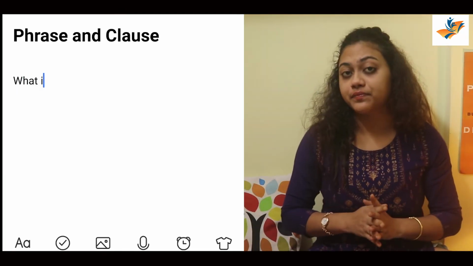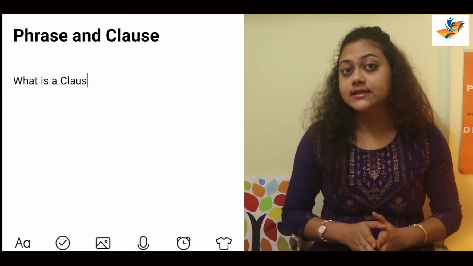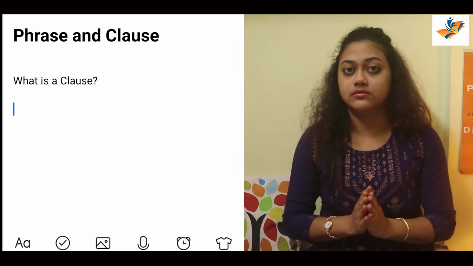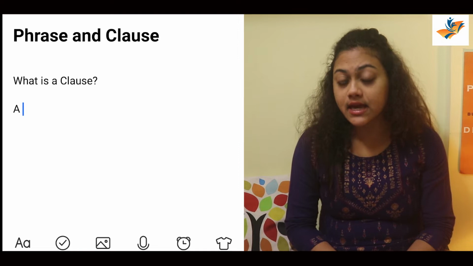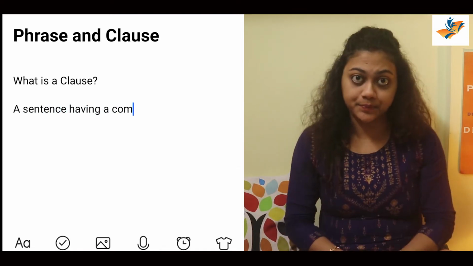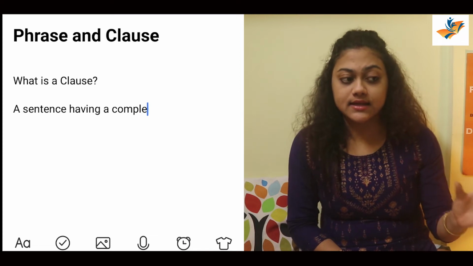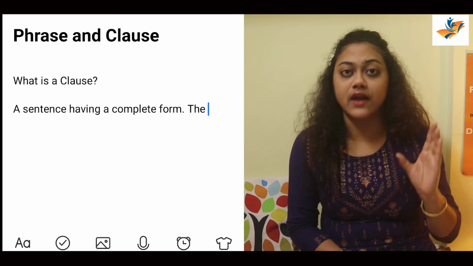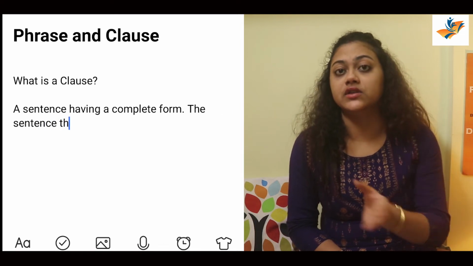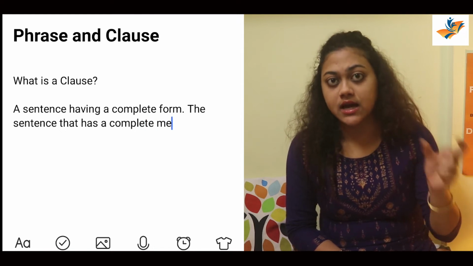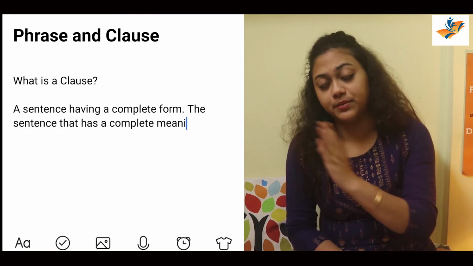Now coming to the clause part. What is a clause? A clause is a structured sentence that has a complete form. A complete form means it will have a proper subject and a proper predicate. For example, the bird is flying high above the clouds. The bird is flying is the subject, high above the clouds is the predicate.